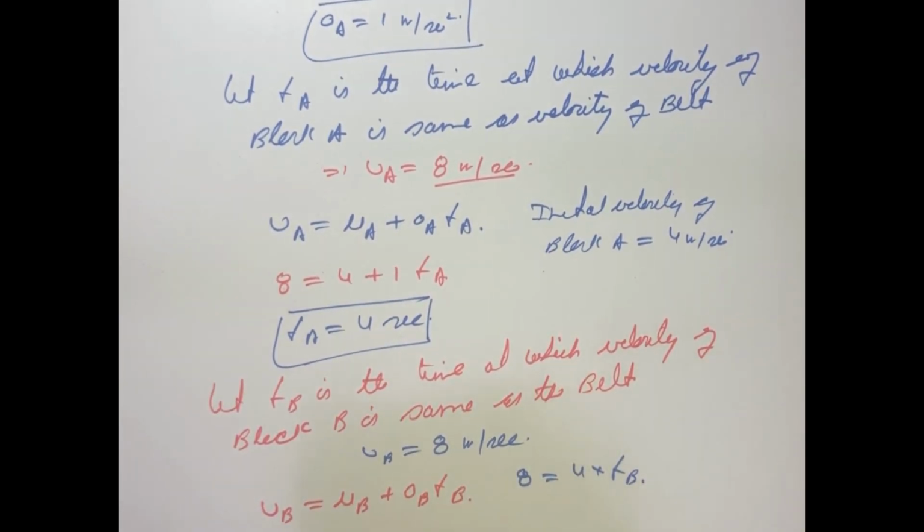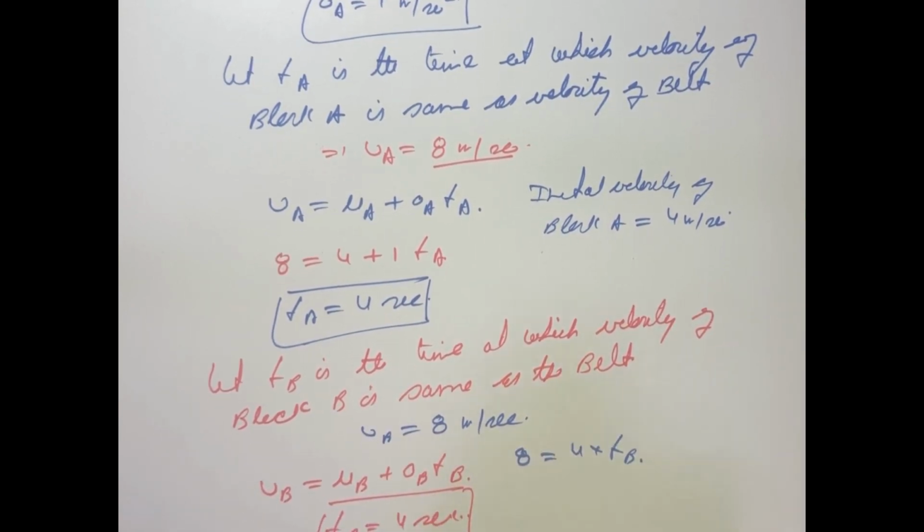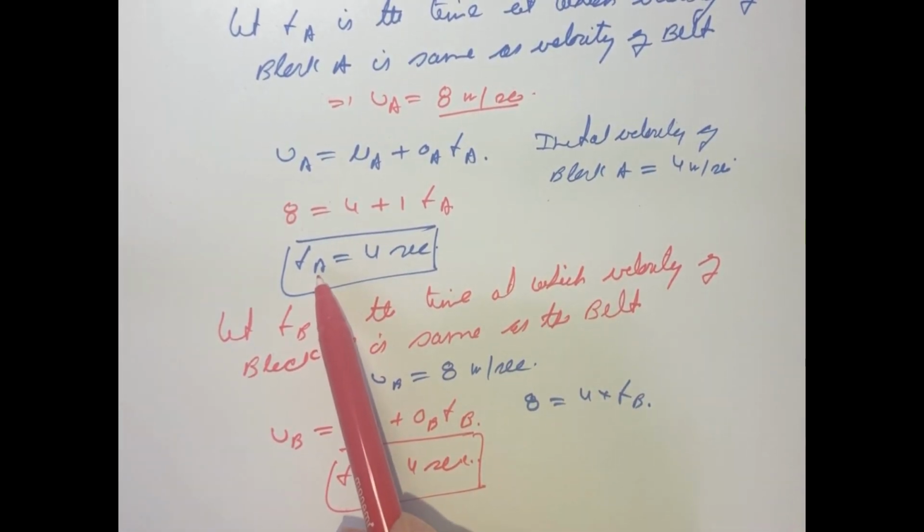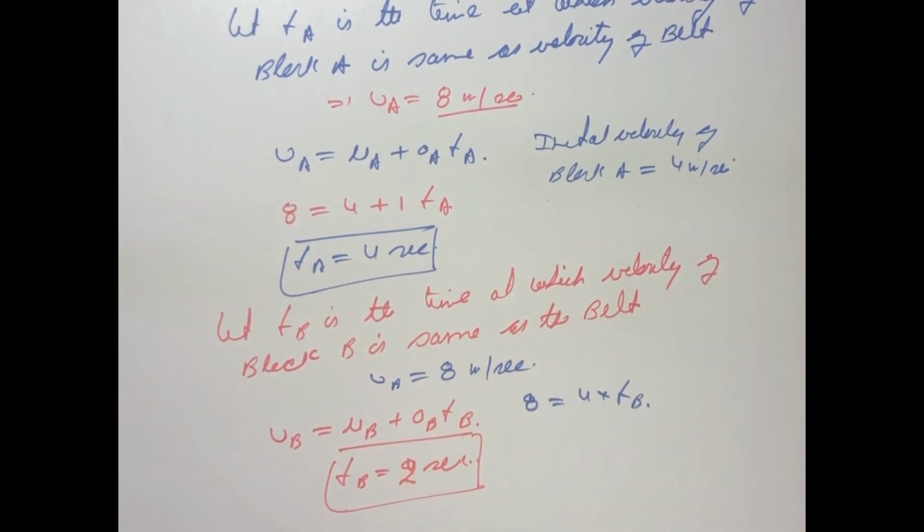So from here we can say that the time is equal to 2 seconds, that is 8 divided by 4.